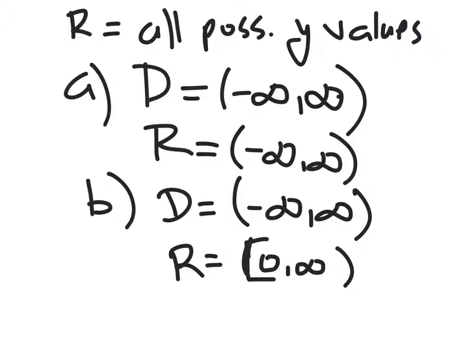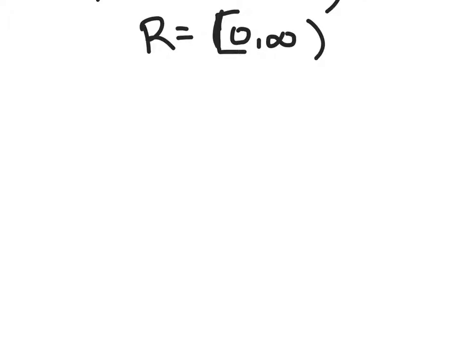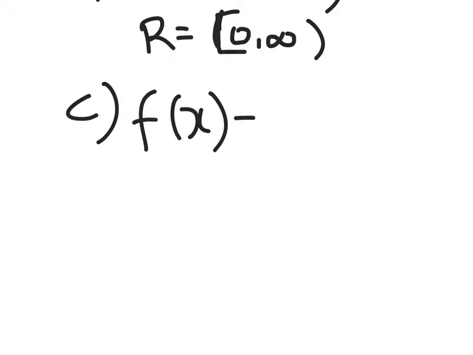Now let's have a look really quickly at a couple more. C. Right, I'm going to write this one out because this one is going to cause a bit of difficulty. So it's f of x equals x squared minus 5.